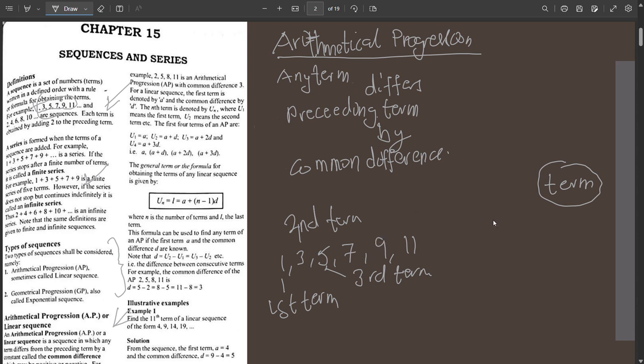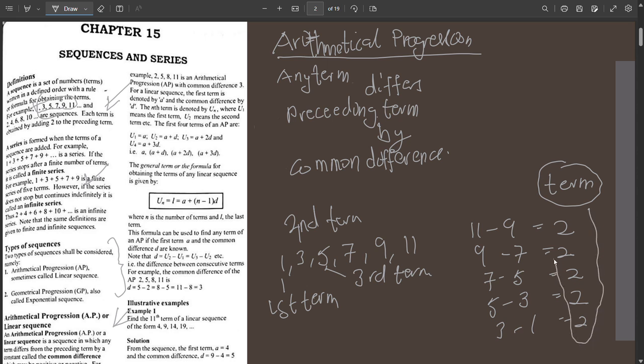When we take the last term here, it's 11. 11 minus its preceding is 2. 9 minus its preceding is 2. 7 minus its preceding is 2. 5 minus its preceding is 2. Then 3 minus its preceding is 2. So these are the constants.